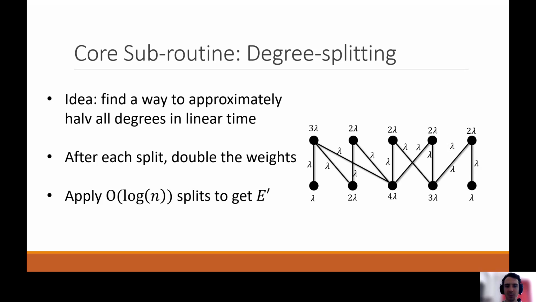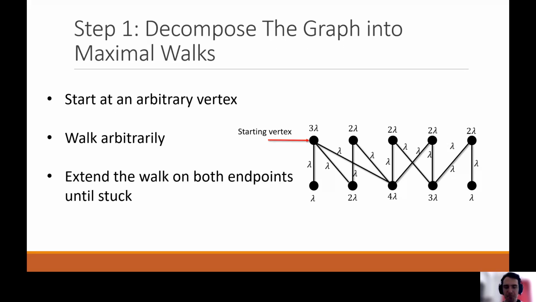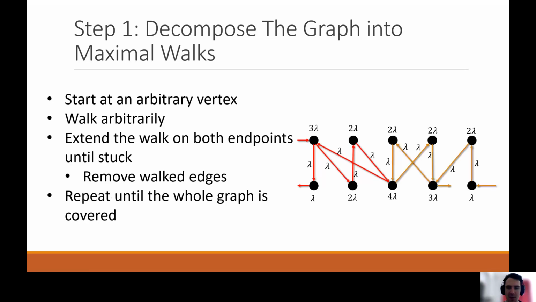To see how this could be done, just decompose the graph into arbitrary maximal walks. That is, just start from a vertex, as the image shows, and just keep on walking in both directions as long as we can. Then remove the walked edges and repeat the same process on the rest of the graph. And you can cover the whole graph this way.